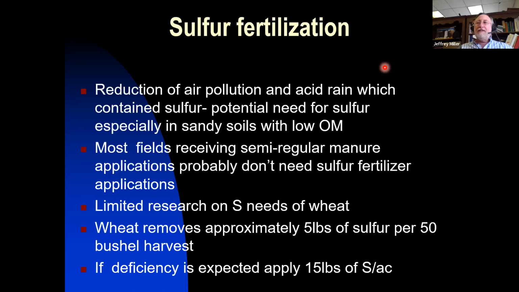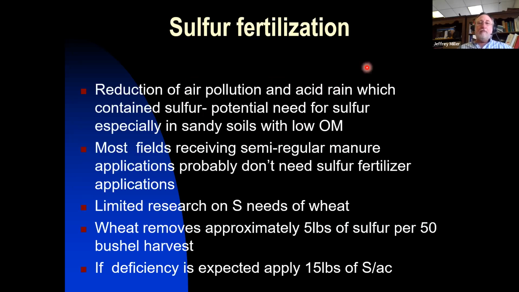There isn't really good research on the topic of how much sulfur needs to be applied, unfortunately. And the recommendation is to apply 15 pounds of sulfur per acre if you think that there's going to be a deficiency.